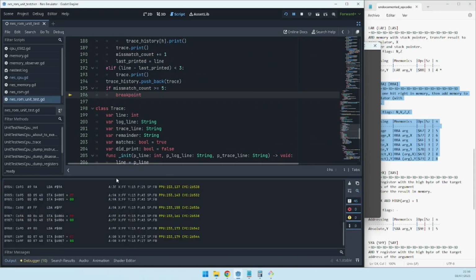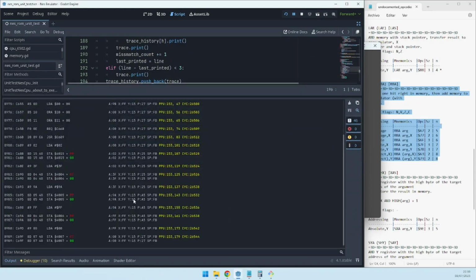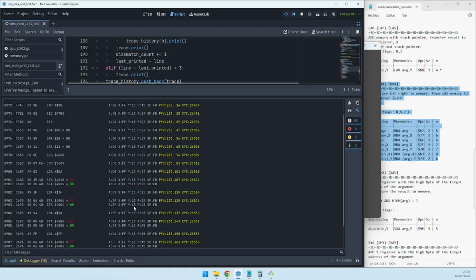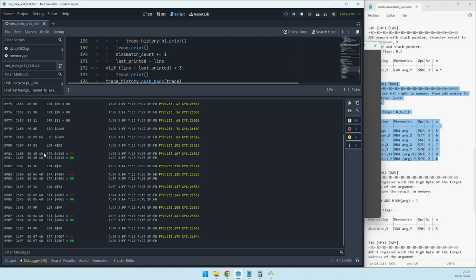And now we got some unmatches. Interesting. The mismatch is happening on instructions that are not new, they are not added now. AD. But the reason could be that the memory is not matching because of what we have done last in this memory stage.